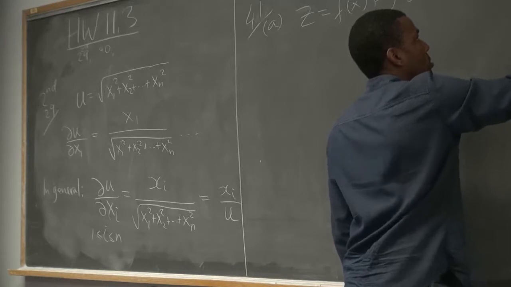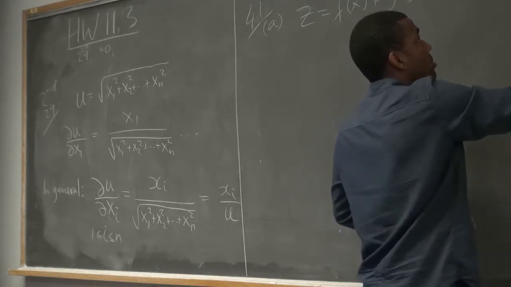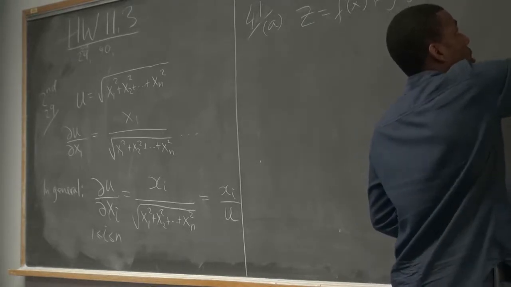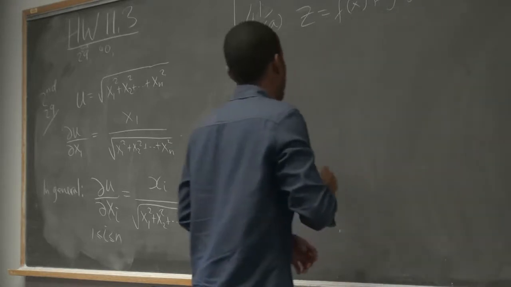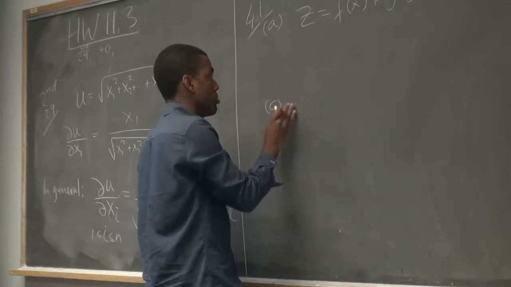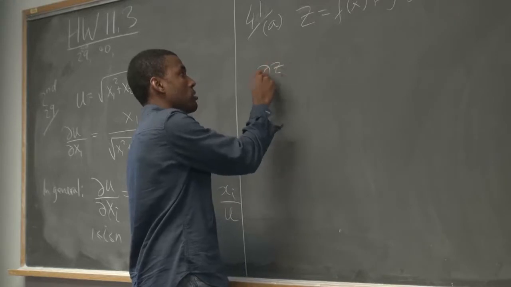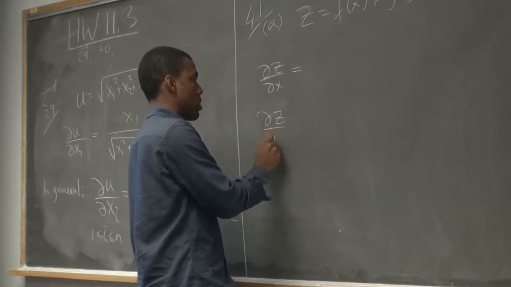And then f of x plus y, all in the bracket. Oh, okay. So it means they want you to find the partial of z with respect to x, and find the partial of z with respect to y, I assume.